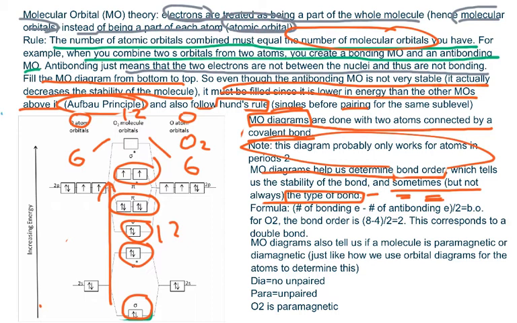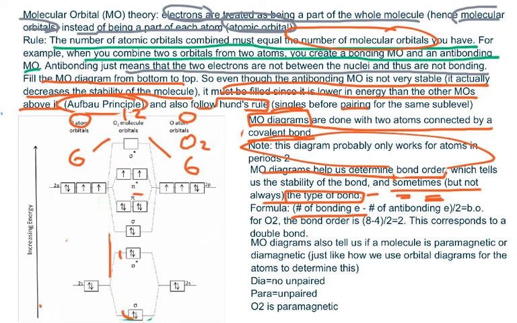Now that we know how to do this, let's talk about the formula for finding bond order. The formula for bond order will be the number of bonding electrons, or the ones that don't have the star, minus the number of antibonding electrons, or the electrons that are in the orbitals that have stars, and you divide all that by 2 to get the bond order. So for O2, the bond order is the number of bonding electrons, which is 2, 4, 8.